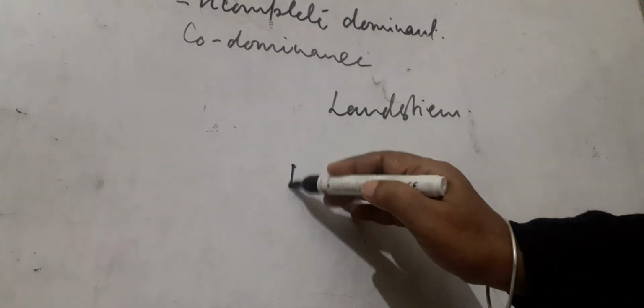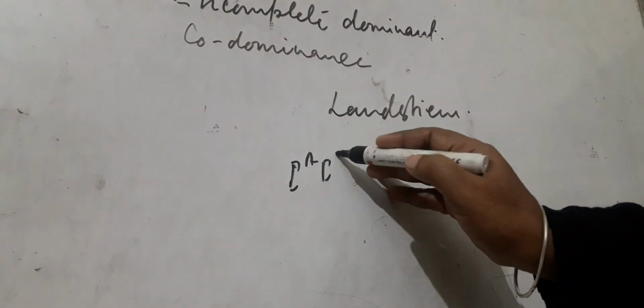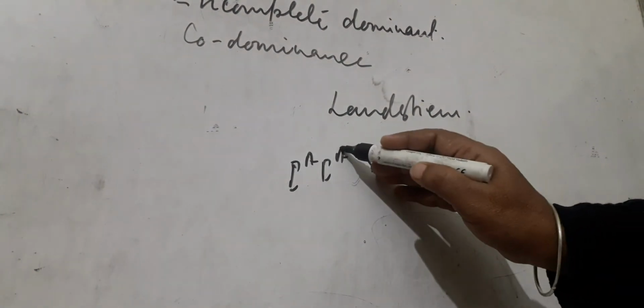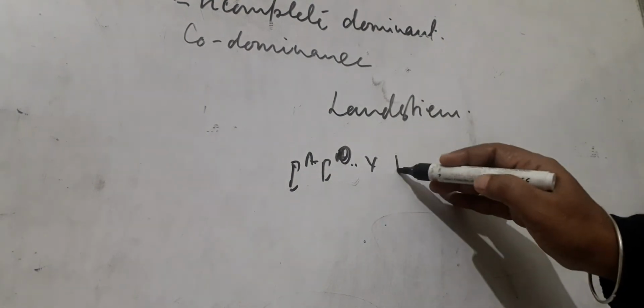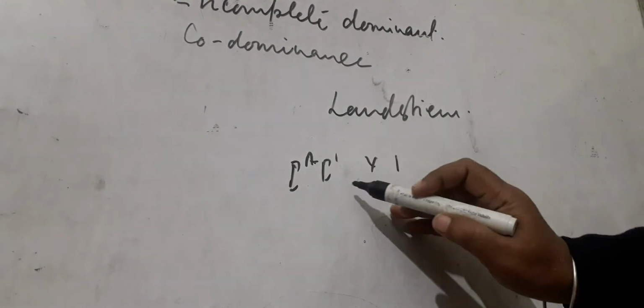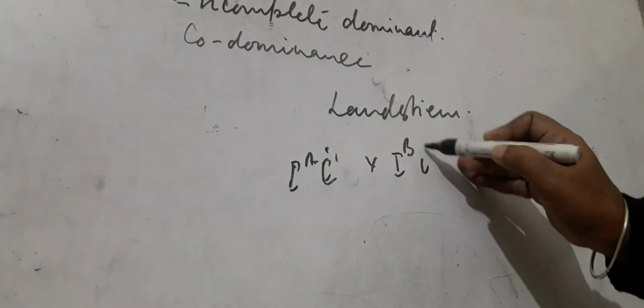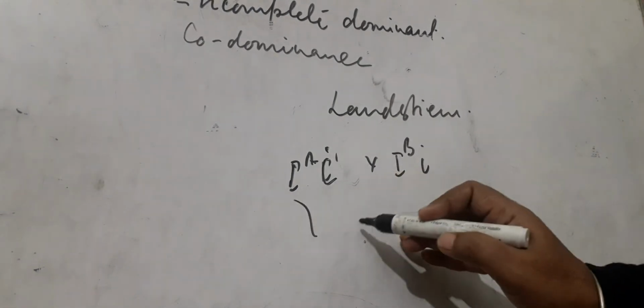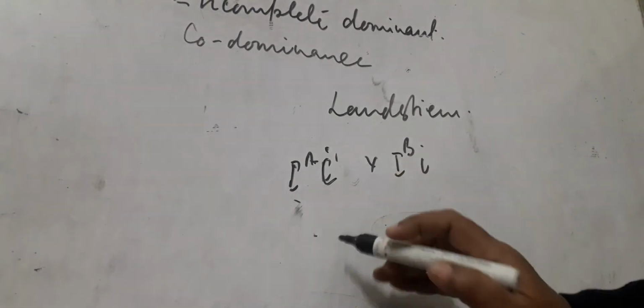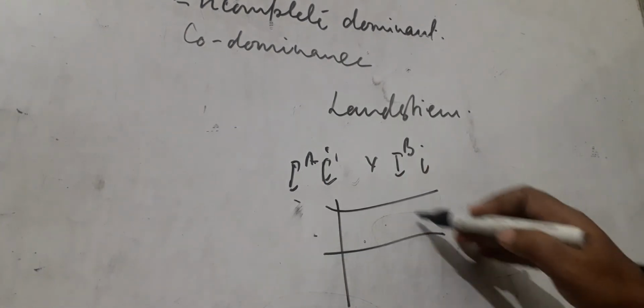For example, as I just told you, the father has blood group A and the mother has blood group A because A is dominant over O. We cannot write this one, we can write this one, and the mother is like this combination, so you can cross this.